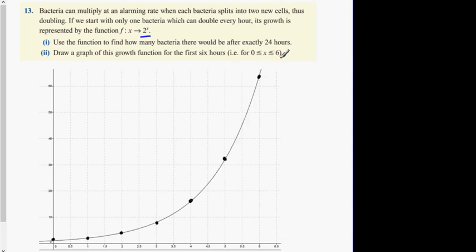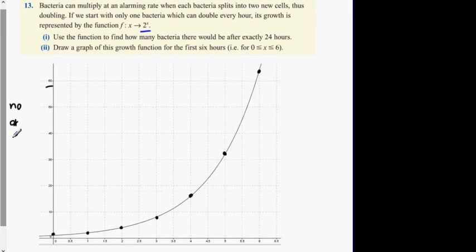Now, the way they might use this is, guys, they might say something like this. I'll give you an example question. These are the amount of bacteria you have. So the y-axis is the number of bacteria. So I might ask you guys a question. How much bacteria do we have after, I don't know, 3.5 hours?